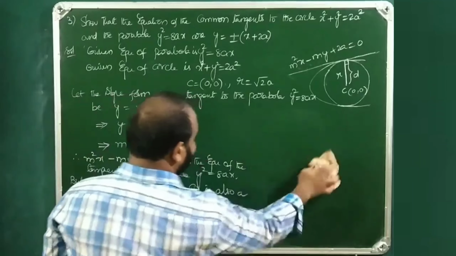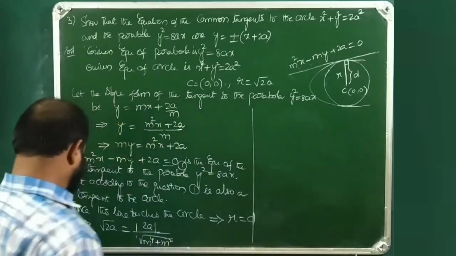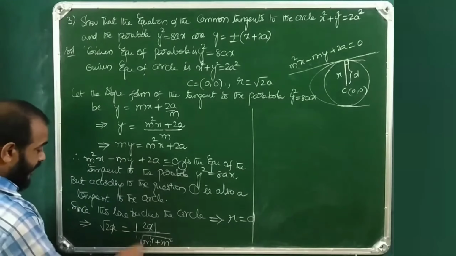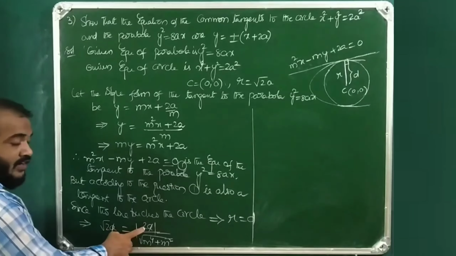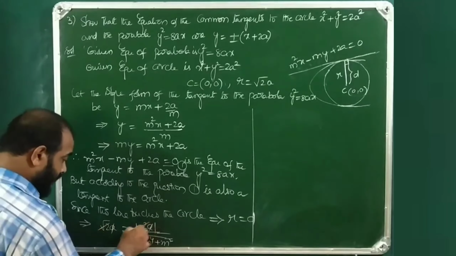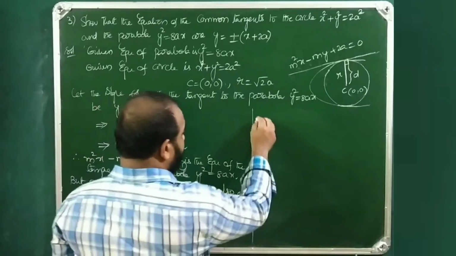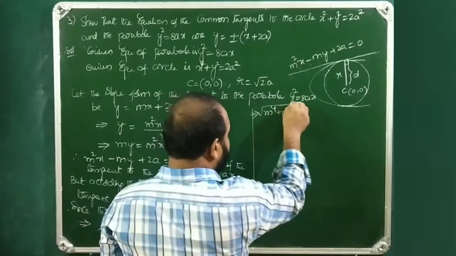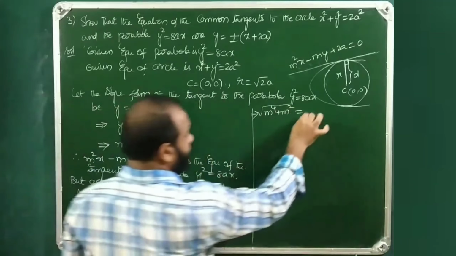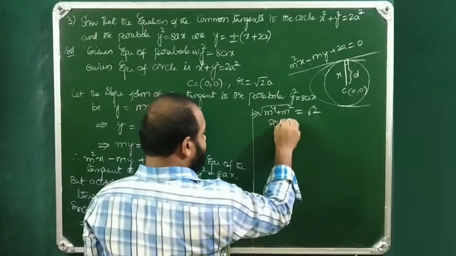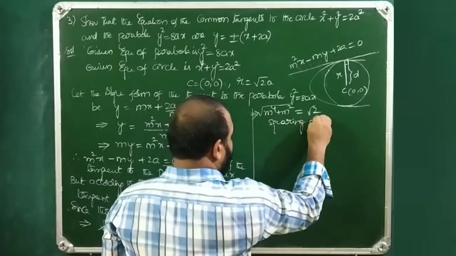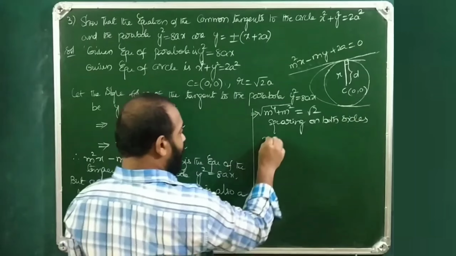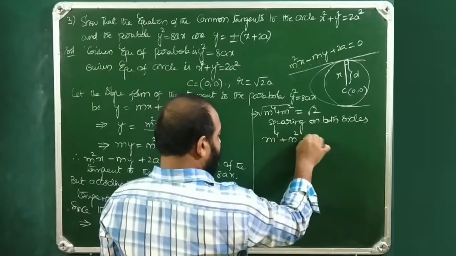This is equals to, this a gets cancelled. So 2 can be written as root 2 into root 2. This is root 2 times, so root of m power 4 plus m square is equals to root 2. Squaring on both sides, we get m power 4 plus m square is equals to 2.